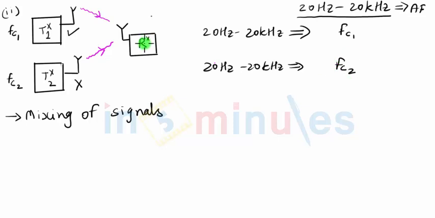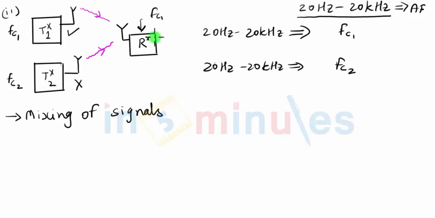So if the receiver wants to listen to the first transmitter, I will tune the receiver to FC1, and when I tune the receiver to FC1, it will only receive the signal from the first transmitter. The signal from the second transmitter, because it falls in a separate frequency range, will be blocked.